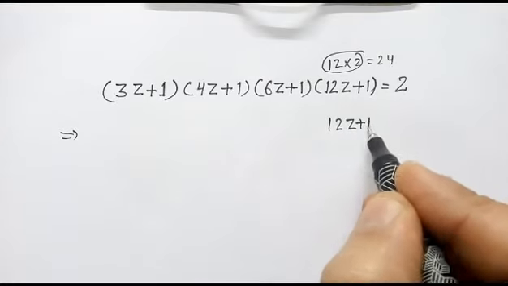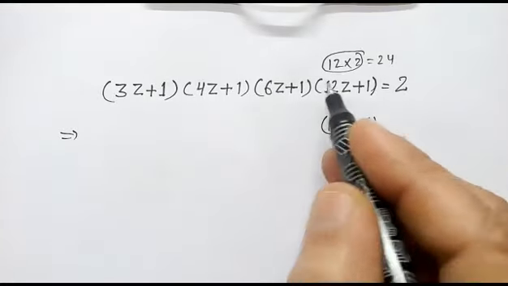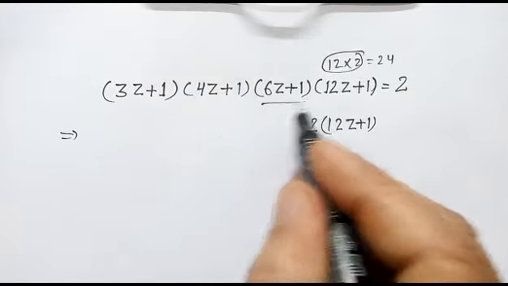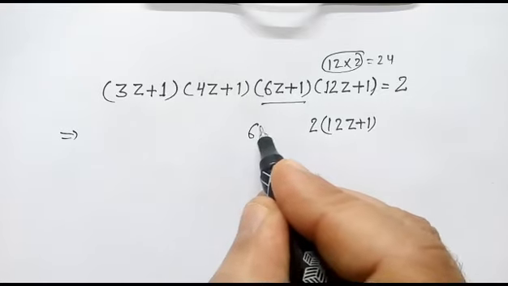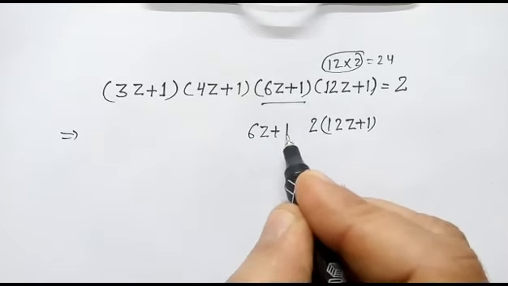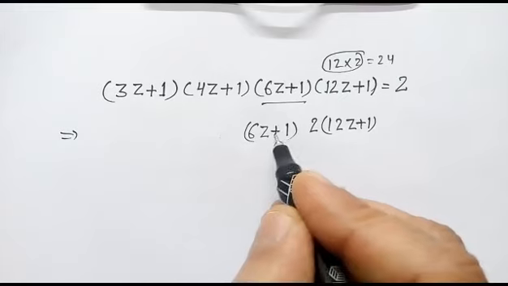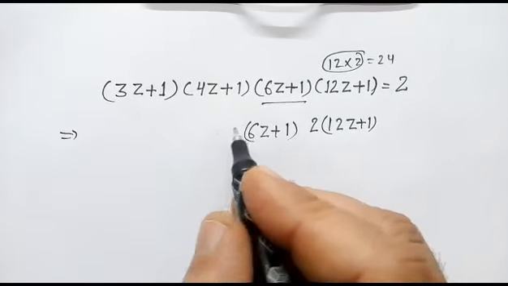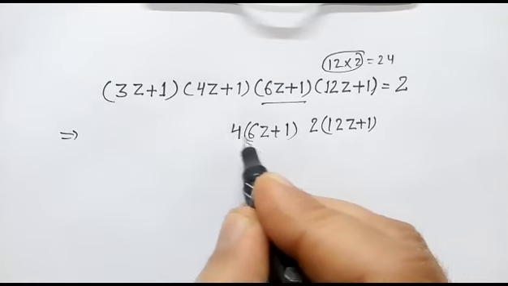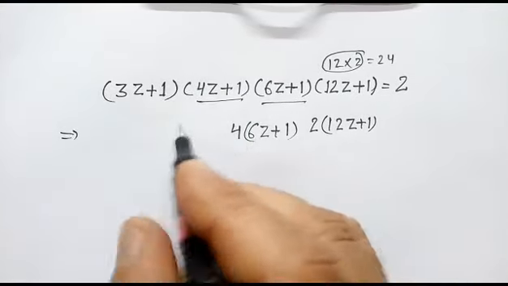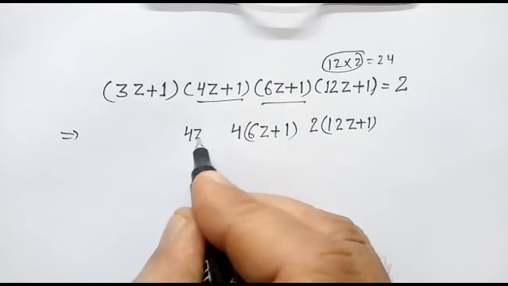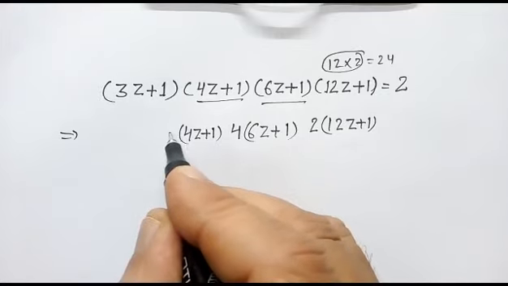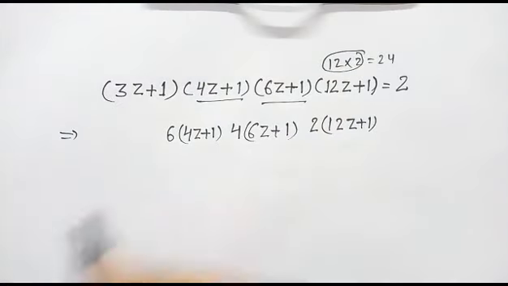12z plus 1, we will multiply by this 2, right? And here 6z plus 1, to make the coefficient 24 we will multiply by 4, right? And here 4z plus 1, to make the coefficient 24 we will multiply by 6, right?